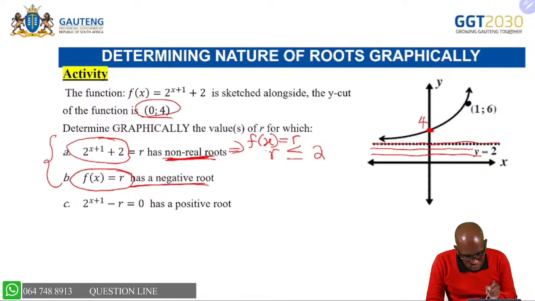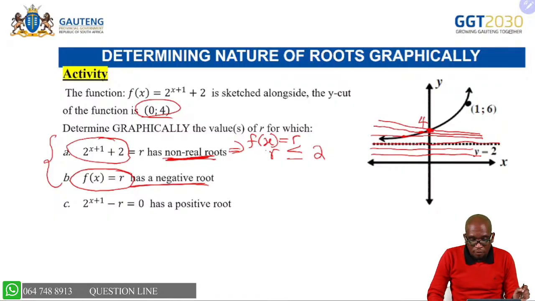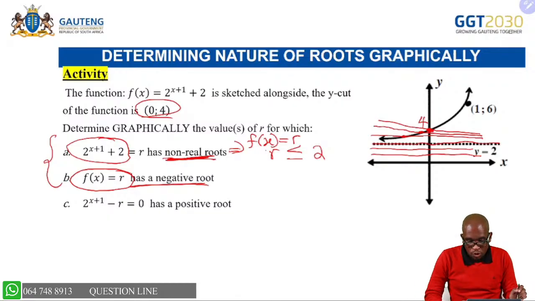Now if you move just above the asymptote, you see it touches the graph once on the negative x-axis. As you go up, it touches the graph once on the negative x-axis. But when you reach the y-intercept, it touches the graph at x equals 0 on the y-axis.